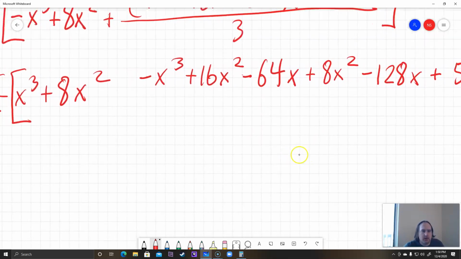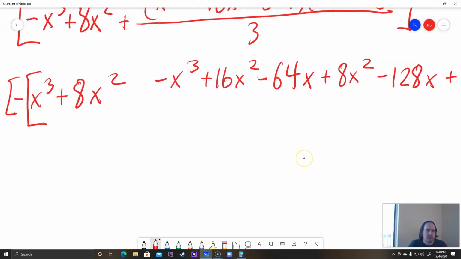Okay, so now we can just combine like terms. Combining like terms here, we've got the negative x cubed. So there's two of those, so that's going to give us negative 2x cubed.